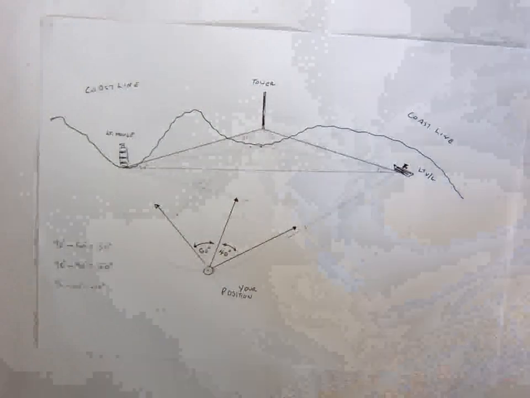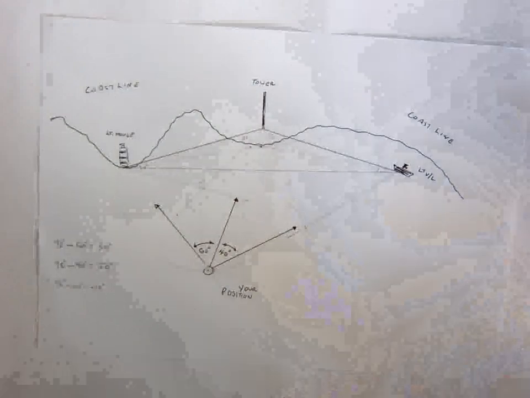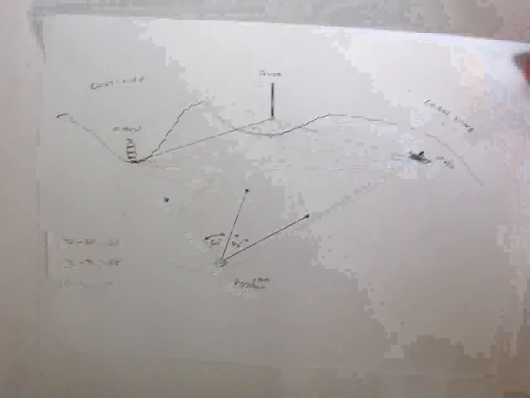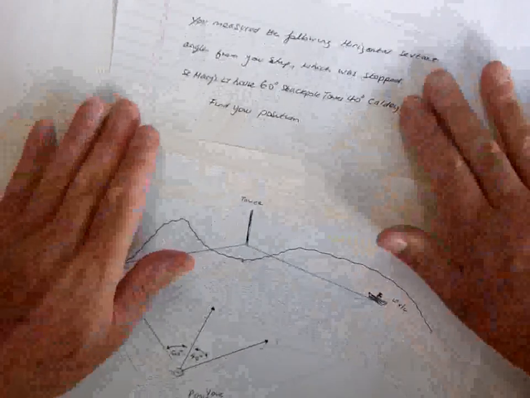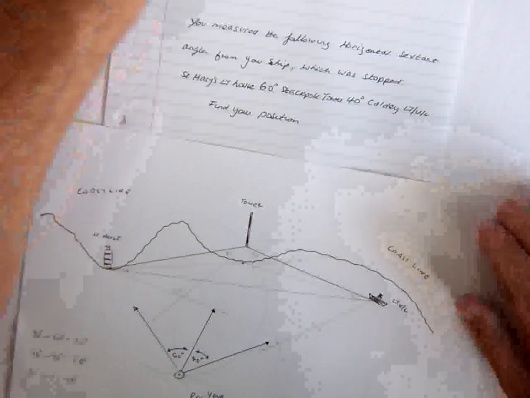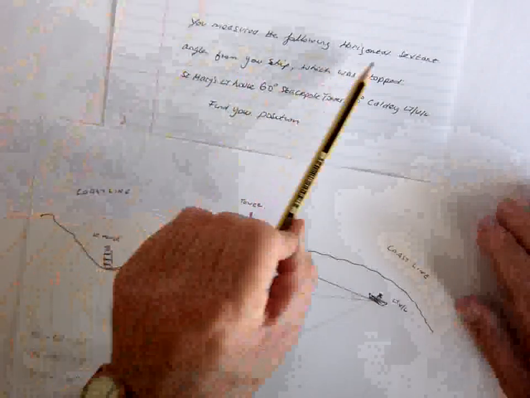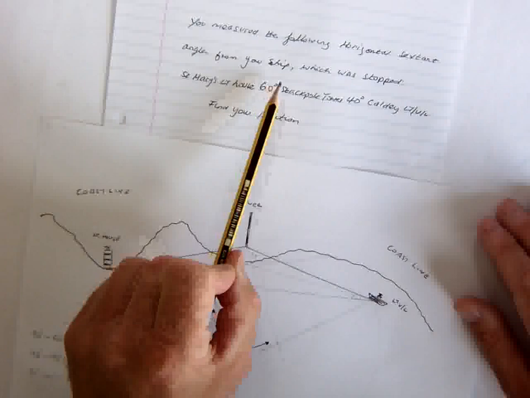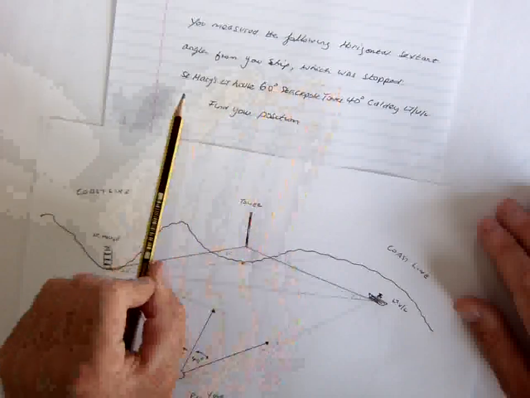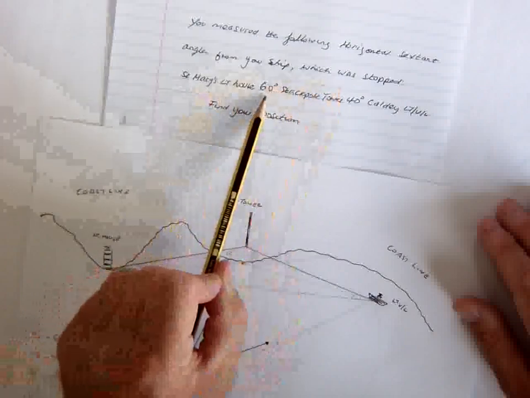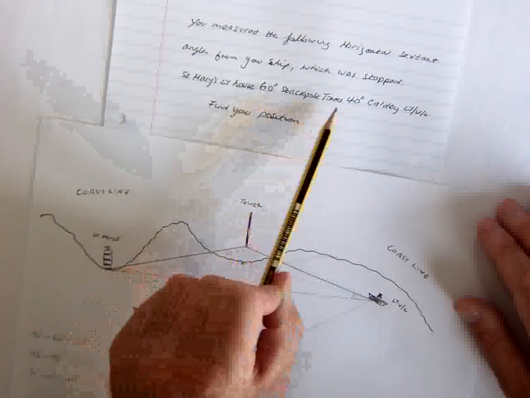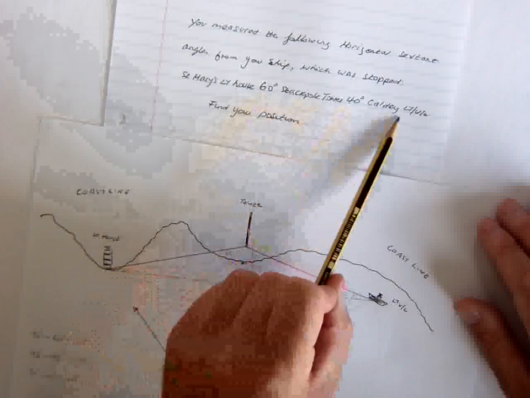I'd just like to show you as well typically how this question would be worded. So we've put it here, and the question would say that you measured the following horizontal sextant angles from your ship which was stopped. St Mary's Lighthouse 60 degrees, Stackpole Tower 40 degrees, Caldy Light Vessel.